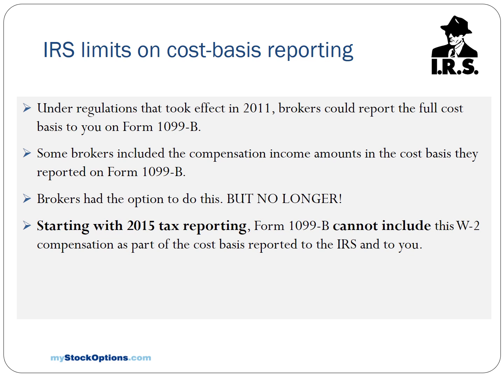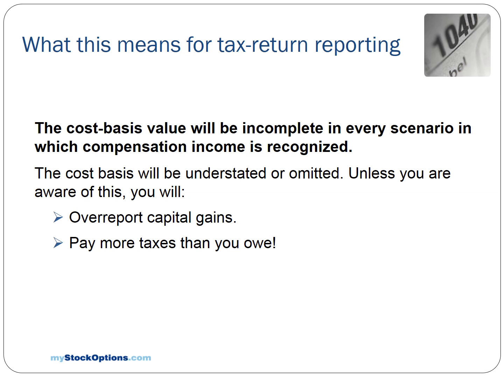So starting with 2015 tax return reporting, brokers have not been able to include this W-2 income as part of the cost basis that's reported to the IRS and reported to you. So what this means for tax return reporting is the cost basis is going to be incomplete in every scenario in which you recognize stock compensation income. And the result is potentially over-reporting of capital gains, which means you're going to pay more taxes than you owe.